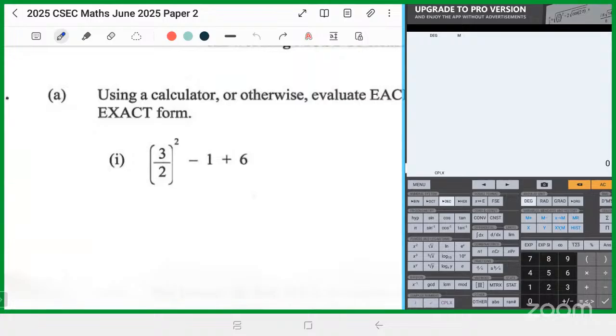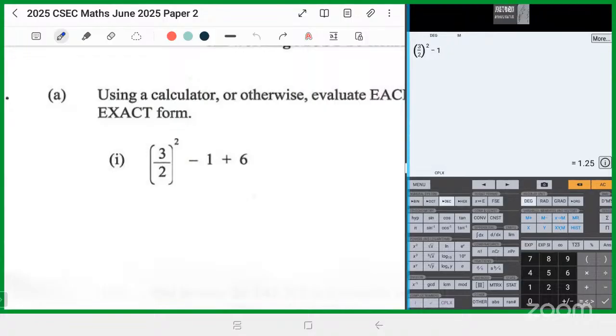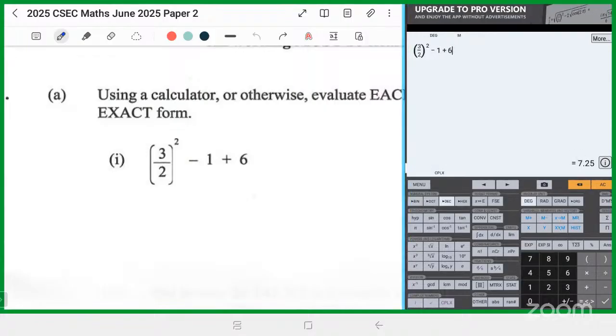I'm going to bracket it just as it is there: 3 over 2, close the bracket, square it, minus 1, plus 6. That is 7.25 in exact form. 7.25.